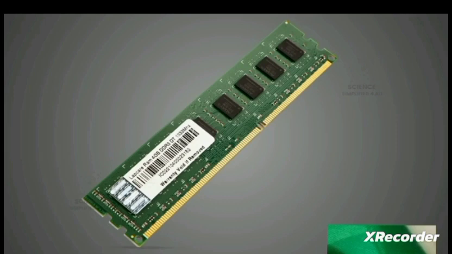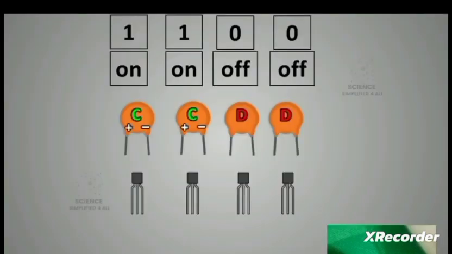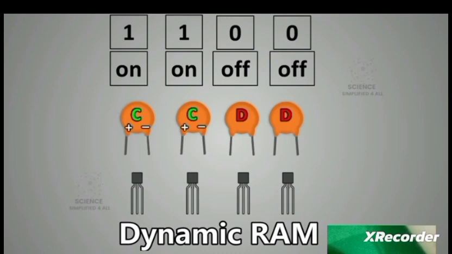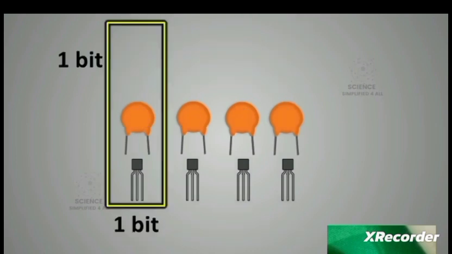Now let us return to memory itself. We said earlier that computers use capacitors and transistors to store data. This type of memory is called dynamic RAM. The smallest unit here is one capacitor and one transistor, which together can store 1 bit.